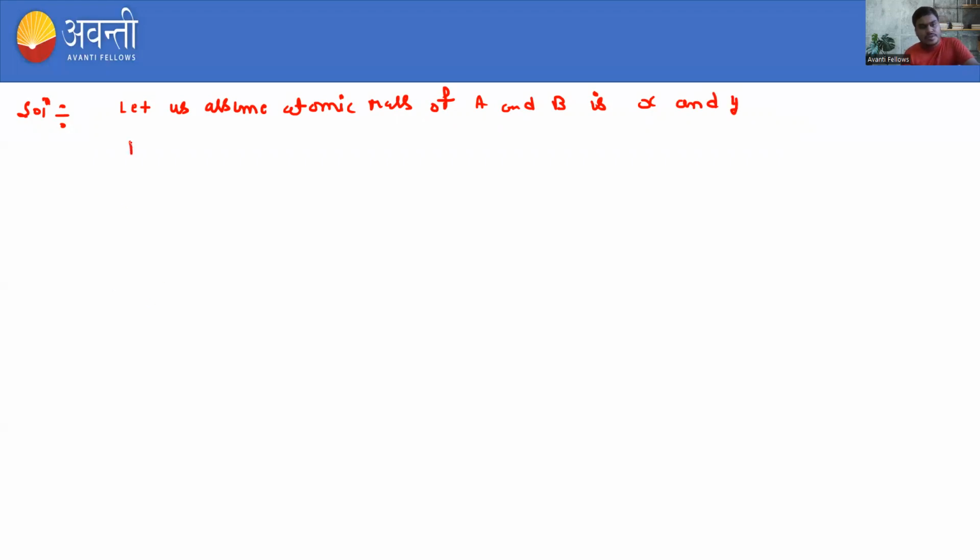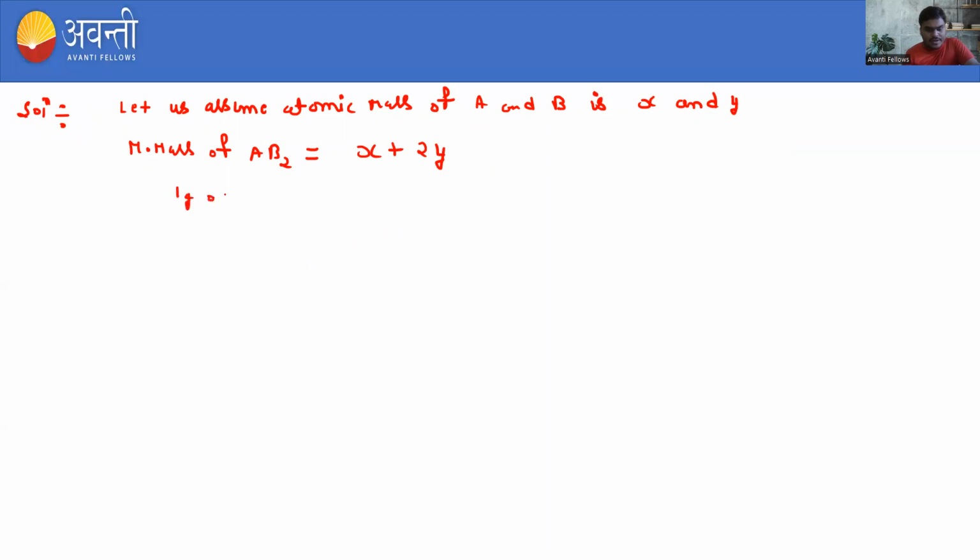What is the molar mass of AB2? The molar mass of AB2 is nothing but X plus 2Y, because A is X and B is Y, so B2 is 2Y, right?